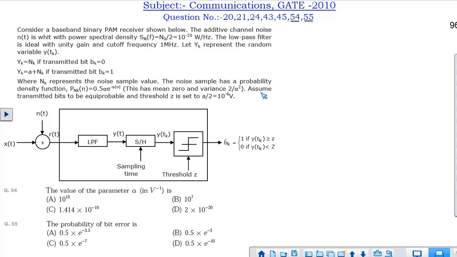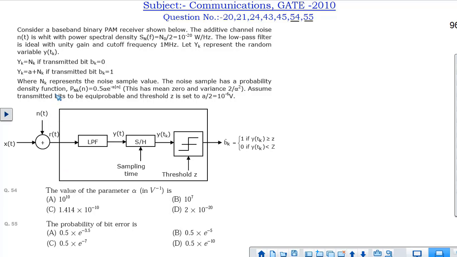It is also given to assume the transmitted bits to be equiprobable and the threshold is set to a by 2 equal to 10 to the minus 6 volt. In question 54 we have to find the parameter alpha. In question 55 we have to find the probability of bit error.